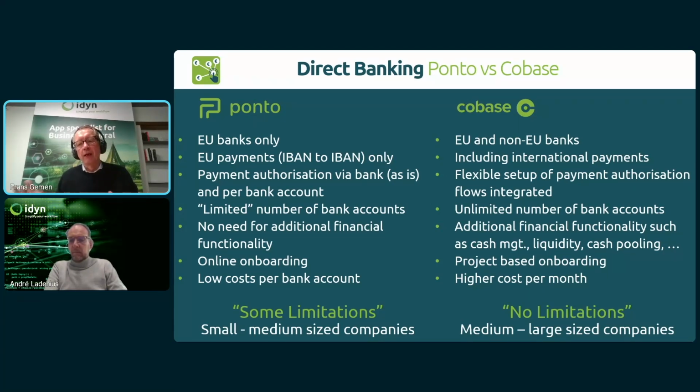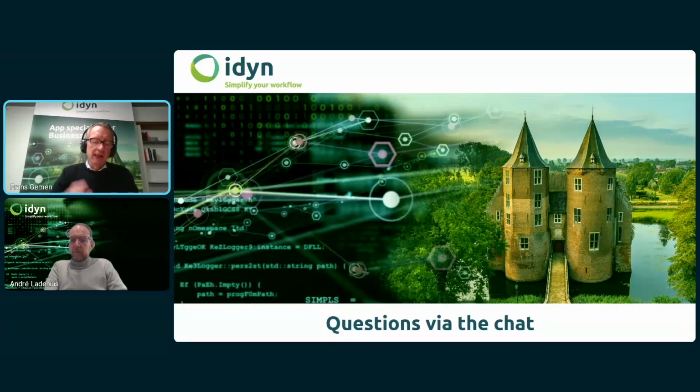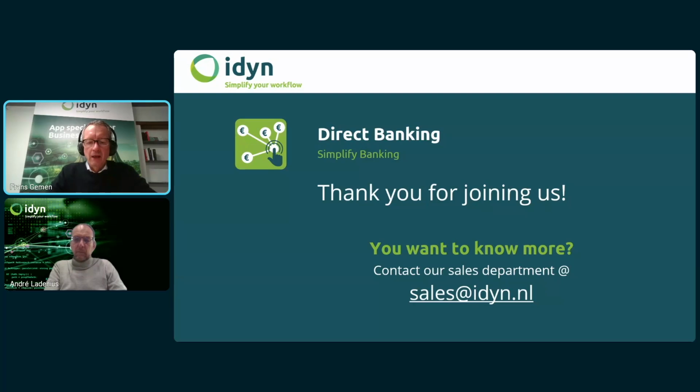It's more for medium and large-sized companies, especially international companies. If you have any questions, you can drop them in the chat, and we try to answer them as good as possible. So I will check if there are any questions.